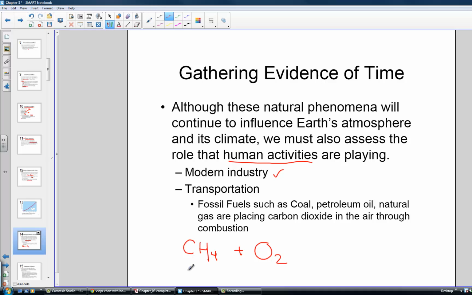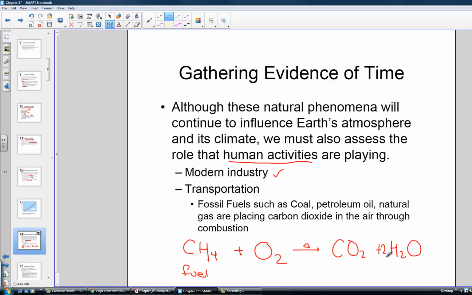When a hydrocarbon, which is a fuel, combusts, adds oxygen, we know that the byproducts of combustion are carbon dioxide, a greenhouse gas, and water vapor, which is a greenhouse gas, plus energy, because this is a very exothermic reaction.